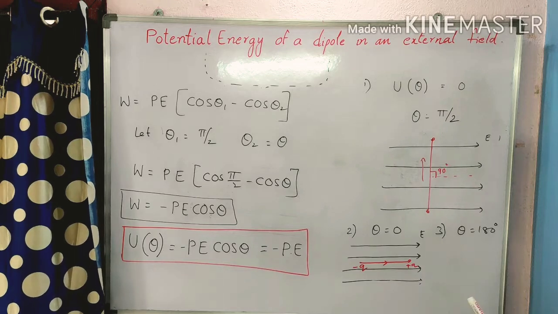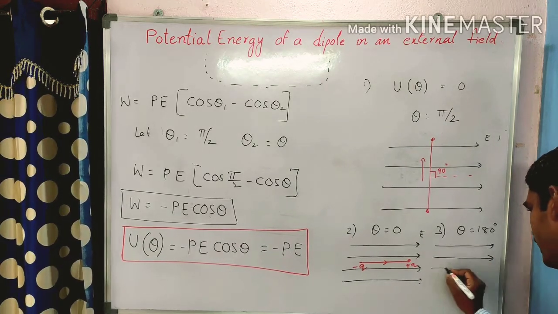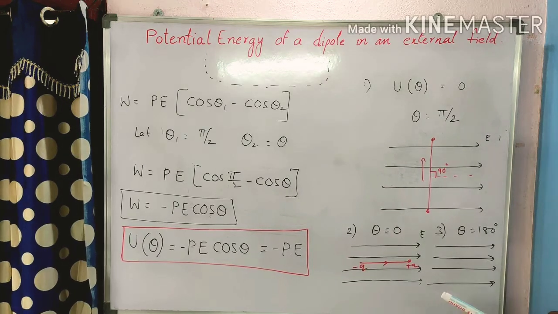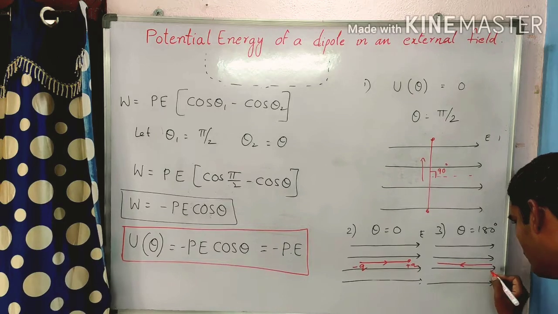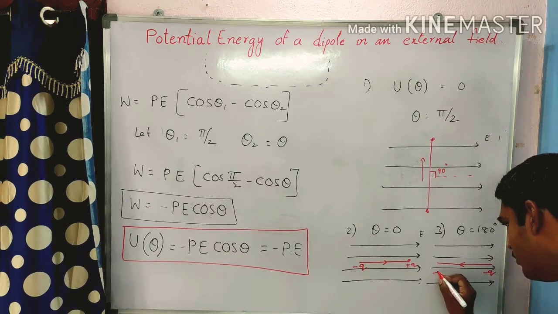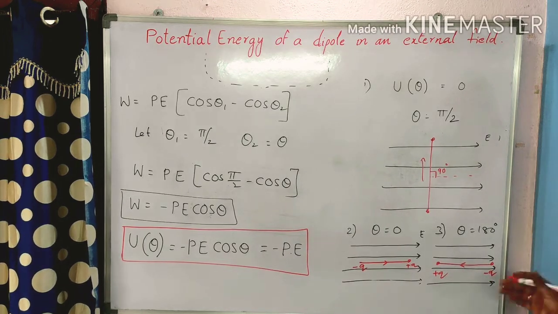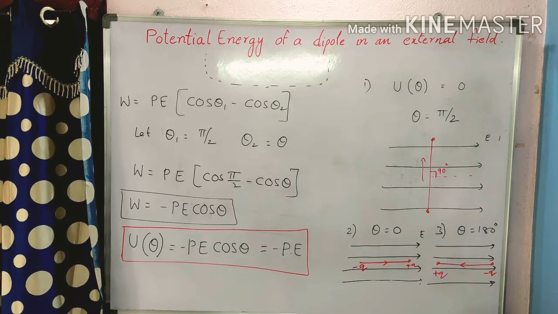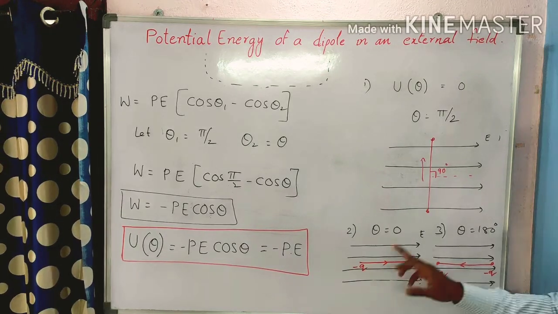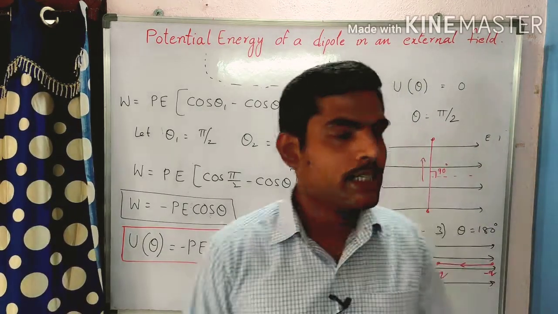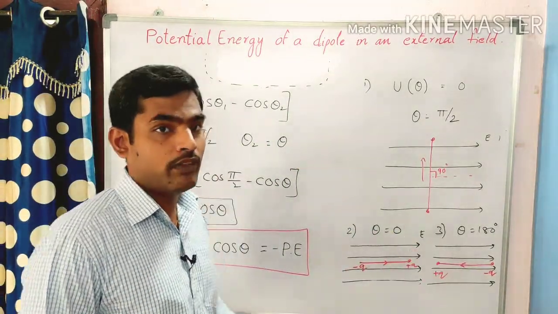And when you come to theta equal to 180 degrees, this is the direction of the electric field and the dipole is like this. This is the direction of the dipole moment. Negative charge is here, positive charge is here. This is also an equilibrium condition. So what happens here? Which is the stable and which is the unstable equilibrium?